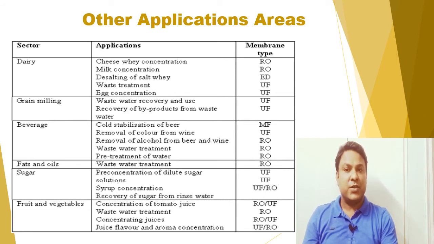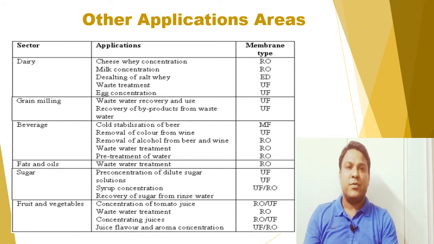In the sugar industry, pre-concentration of dilute sugar solution, syrup concentration, ultrafiltration and reverse osmosis are being used. In the fruits and vegetable industry, concentration of tomato juice, wastewater treatment, concentration of juices, we use reverse osmosis, ultrafiltration, or a combination of reverse osmosis and ultrafiltration membrane.